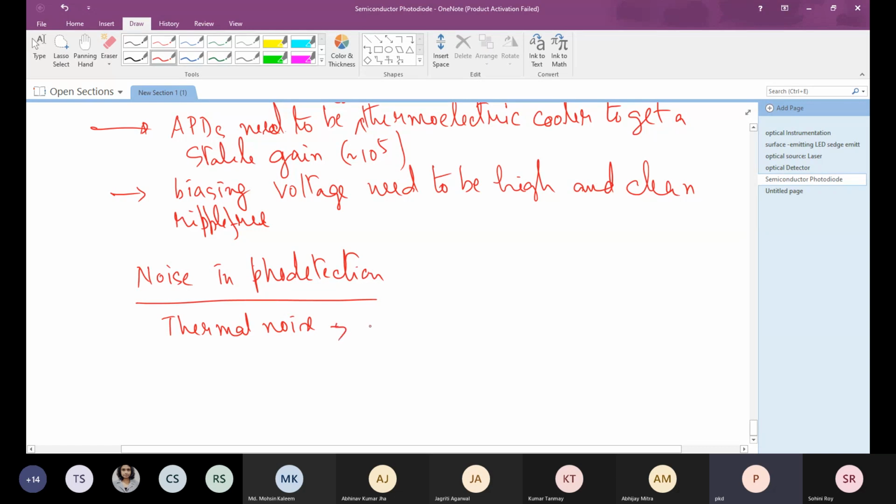Thermal noise typically depends on bandwidth and temperature. So if the temperature in degrees Kelvin is capital T and the bandwidth is B, then it is given by 4kTB by R, where R is the path resistance.